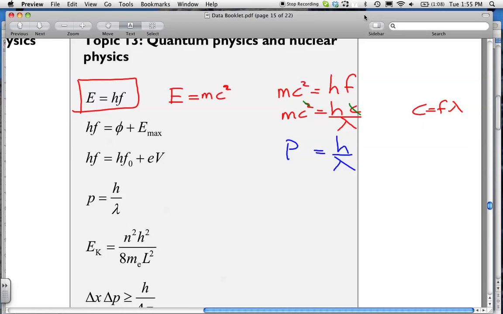So his idea was that something that has momentum, something that has both mass and velocity, would have a wavelength associated with it. And we can actually work out the wavelength for any particle that has mass and velocity. Now, this has actually been verified, and we'll look at that.